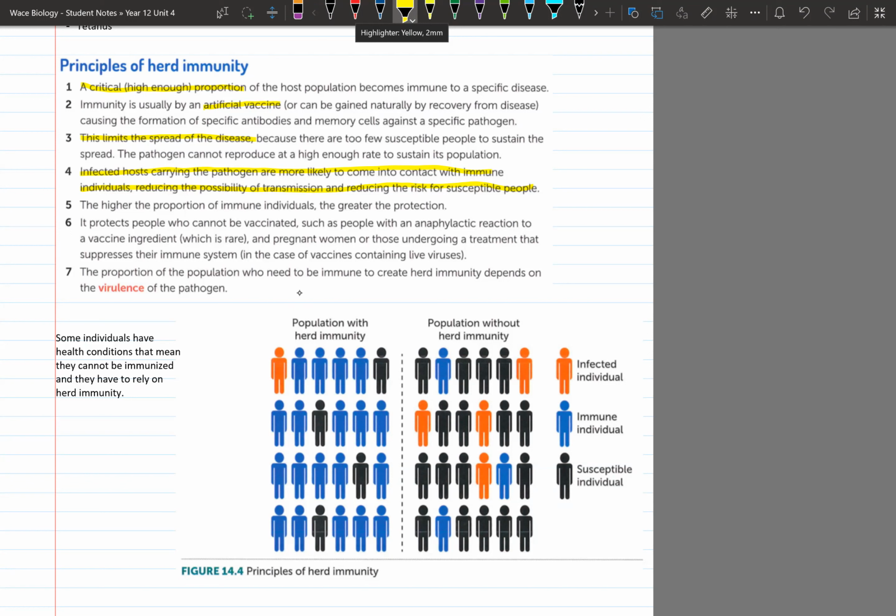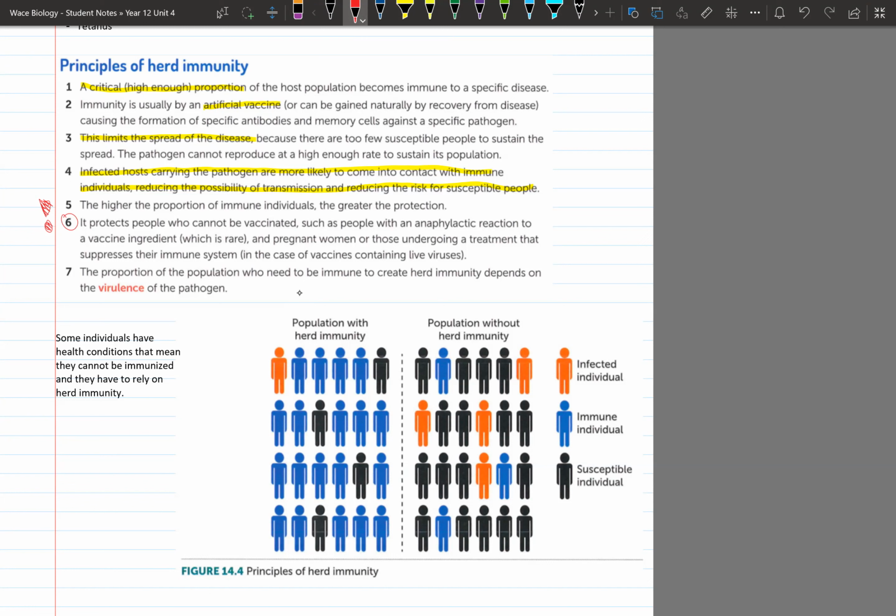There are some limitations, and I'm going to emphasize that for number six. Not everyone can get vaccinated. There are some people that are immunocompromised, or they have, I don't want to say brittle, but fragile bodies that can't cope with vaccines.